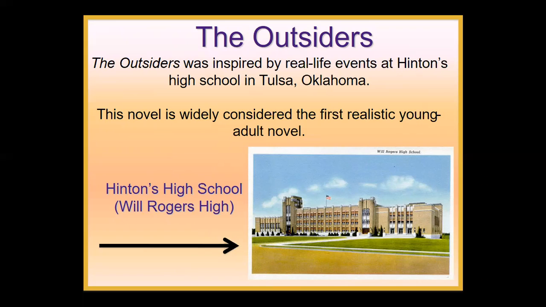She saw these problems of segregation, people belonging to one group and other people belonging to another group, and each group had its own social status and its own social standards. Poor versus wealthy. The poor was allowed to only hang out in certain areas, and the rich was hanging out in certain areas.